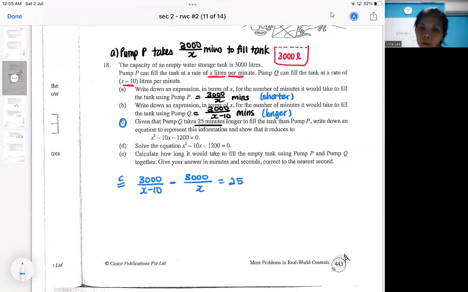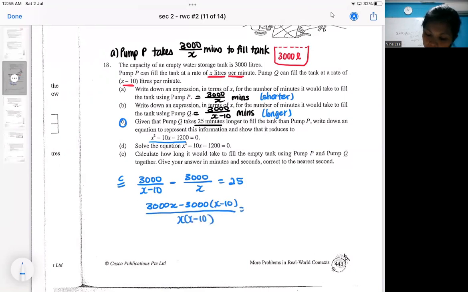So again, how are you going to arrive at this quadratic? You make the same denominator, and then you cross multiply. You've got to try it out.